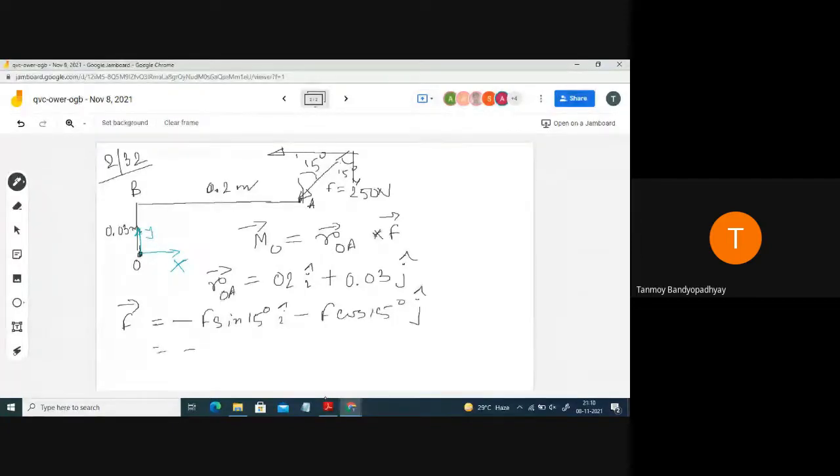Just take F common, so you are getting sine 15 degree i cap plus cos 15 degree j cap. Now you have got this one and this one. So you calculate this, and what is the answer in k cap you are getting. So it is a similar problem.